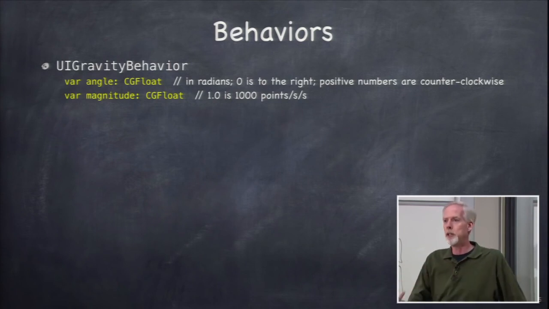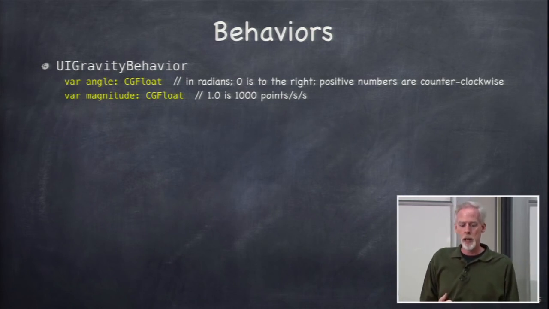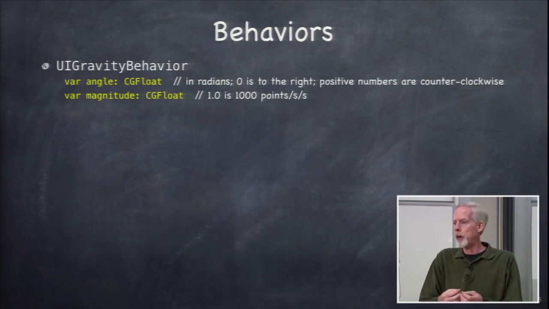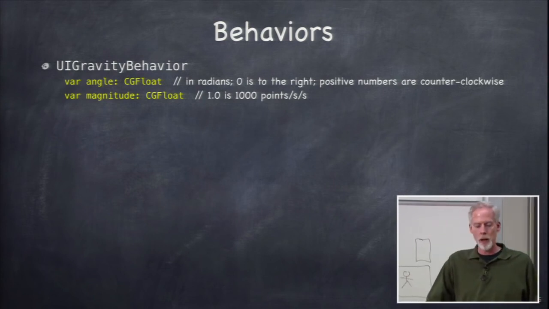The acceleration due to gravity on Earth is 9.8 meters per second squared, and the acceleration due to gravity in these behaviors is 1,000 points per second squared. You can also set this as a vector, but angle and magnitude are probably the easiest way to understand this. So you just set this gravity. Now any item you add will start accelerating in that direction. The instant you add it, it's going to start accelerating in that direction, just like gravity pulling on it.